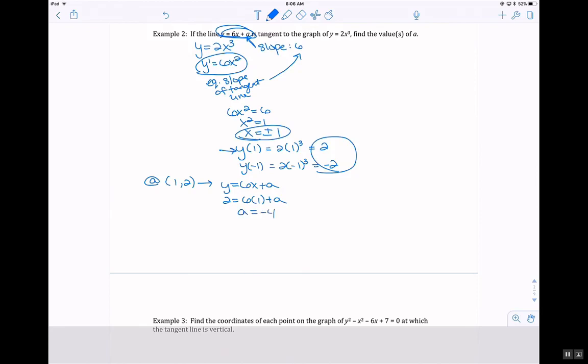So a is equal to negative 4. And then at (negative 1, negative 2), y equals 6x plus a turns into negative 2 is equal to 6 times negative 1 plus a. So negative 2 is equal to negative 6 plus a. So a is equal to positive 4. That means that a is equal to plus or minus 4.